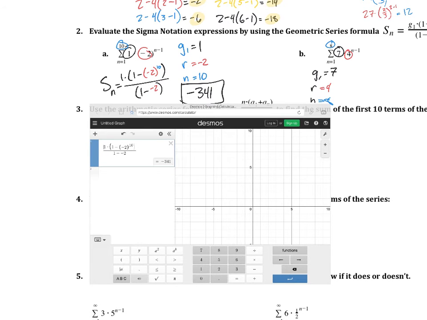I'm just going to change, wherever I see G1, I'm going to change that to 7. I'm going to change r to 4. And then I'm going to change n to 8. There it is, 152,915.